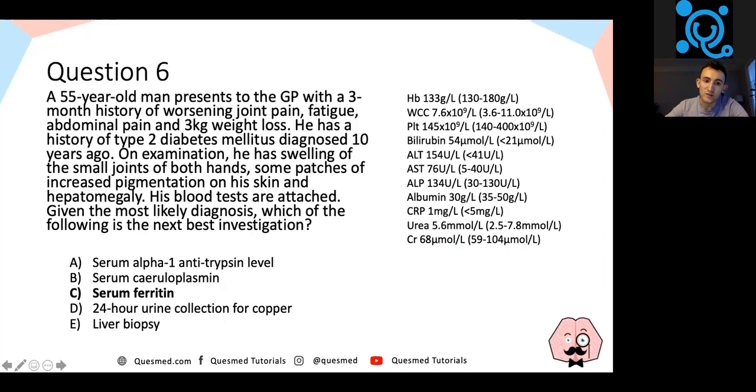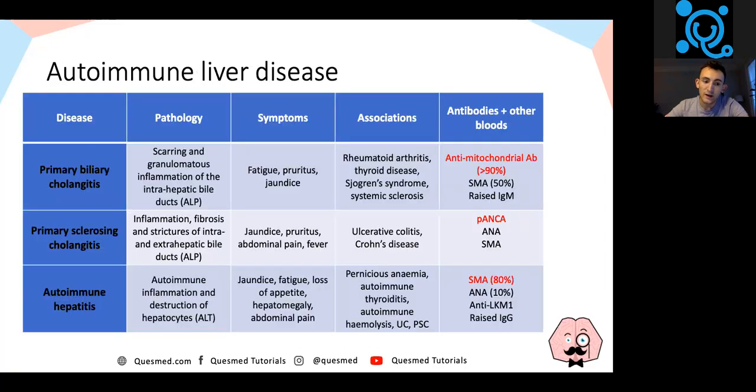But the antibodies that were on the slide are the ones you would look for first. So smooth muscle antibodies are the antibodies you would look for first, and raised IgG is usually seen in most causes of autoimmune hepatitis. But yeah, there are about 3 different types of autoimmune hepatitis, all of which are fairly rare causes of chronic liver disease.